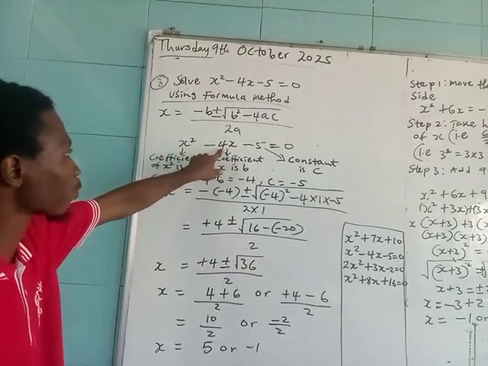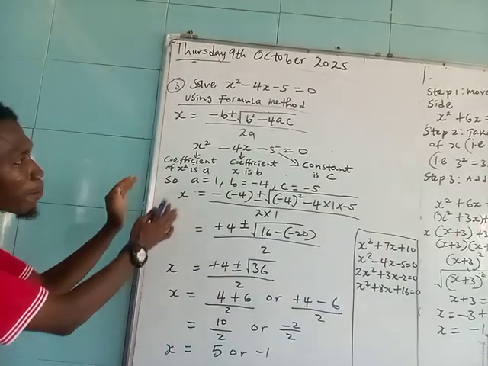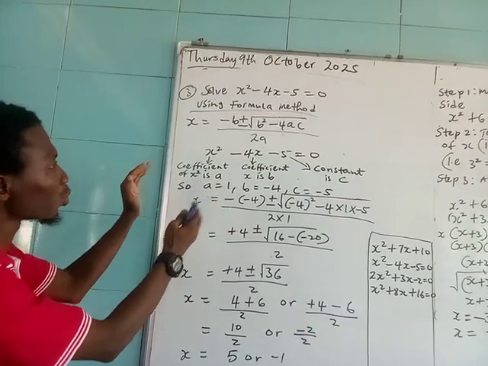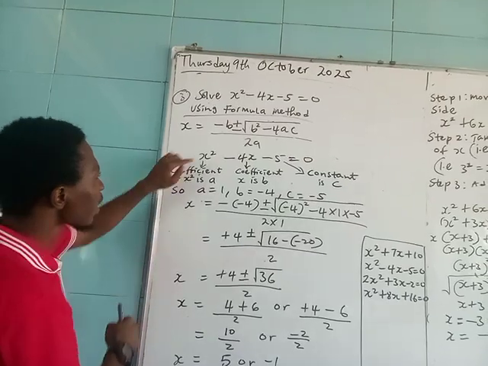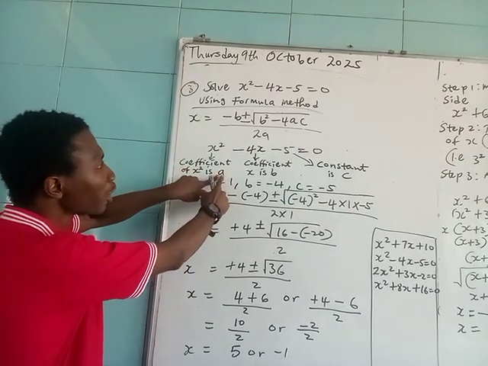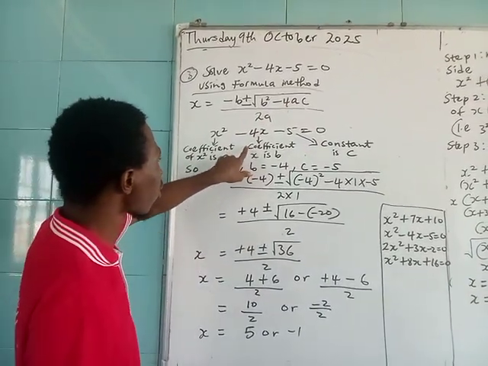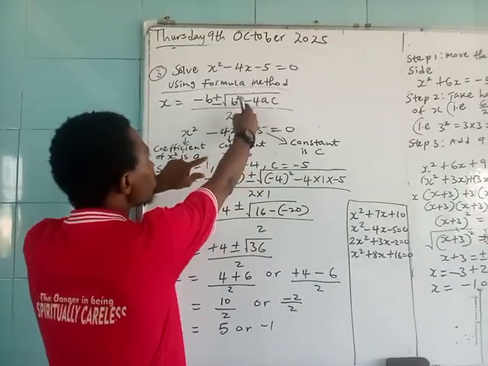So x squared minus 4x minus 5 is equal to 0. Now I'm going to break this down for you to understand how to use the quadratic formula. The coefficient of x squared is what we call the a in the formula. The coefficient of x is what we call the b.